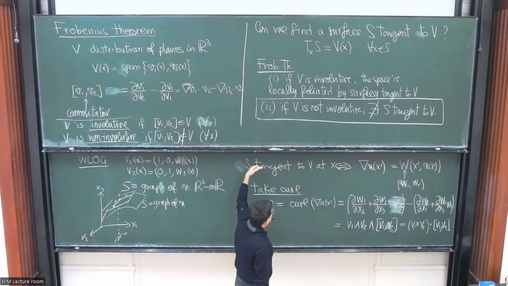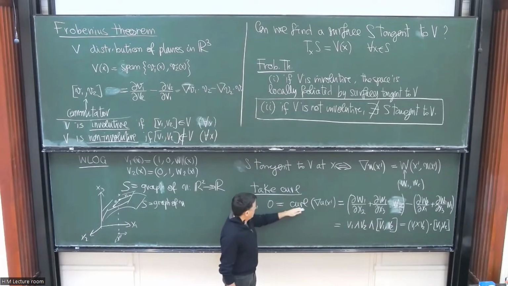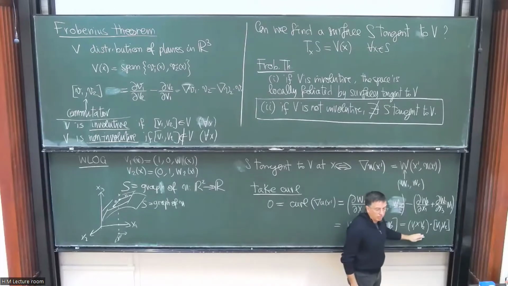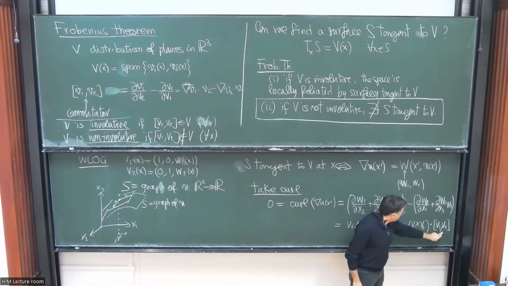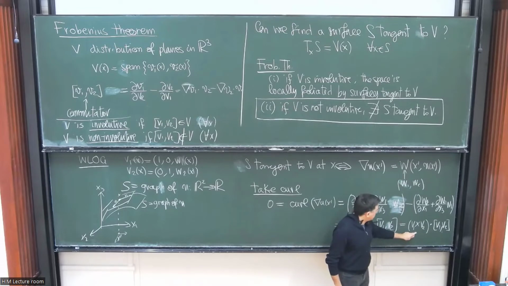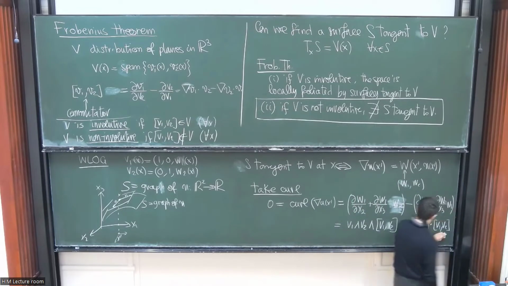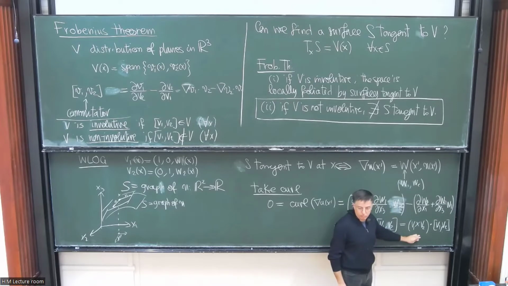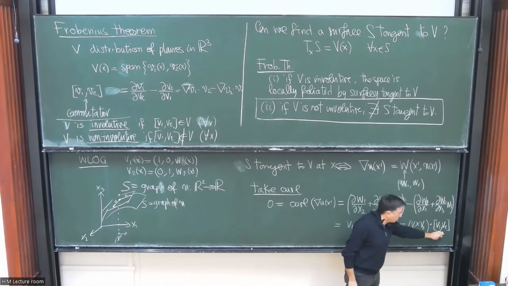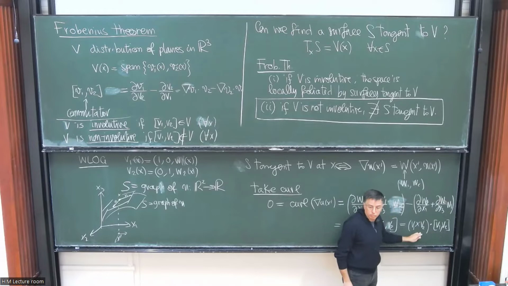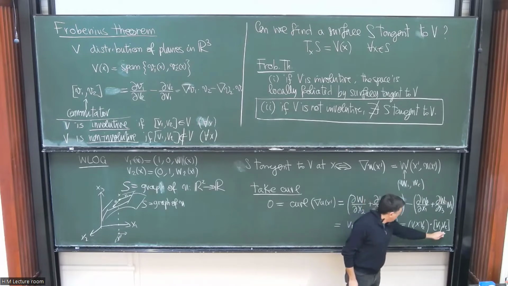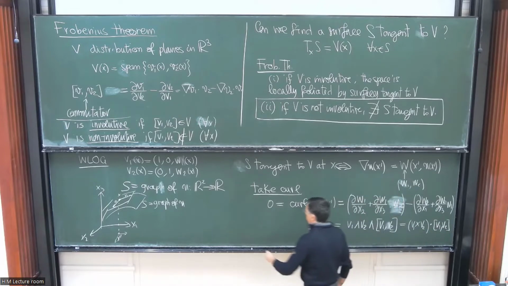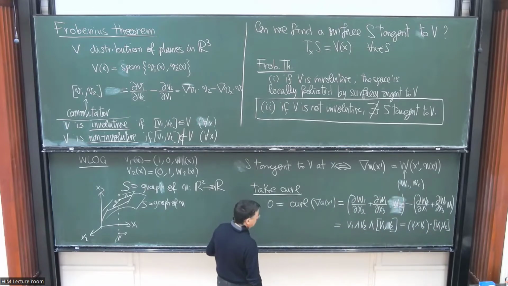So now what happens is that if we have a surface which is tangent at x, in that point, this has to be 0. This means that this vector is orthogonal to this one, but this is normal to the surface. So this is normal to capital V. If this is 0, this means that this belongs to capital V. So the bottom line is that, let me write it.